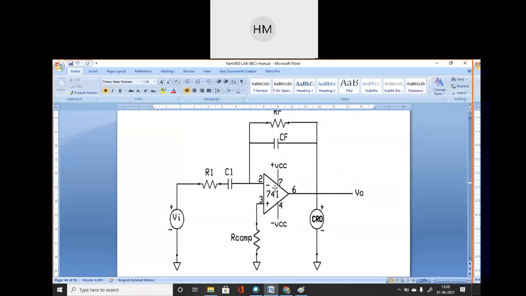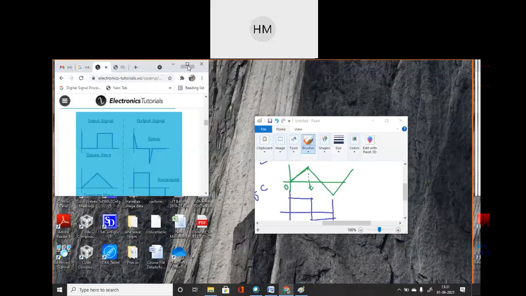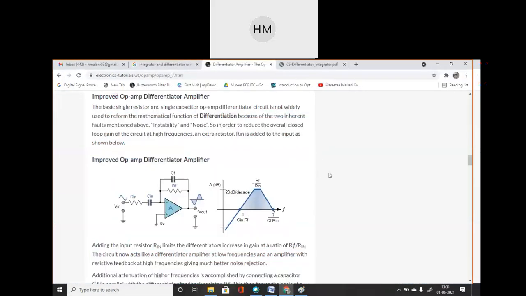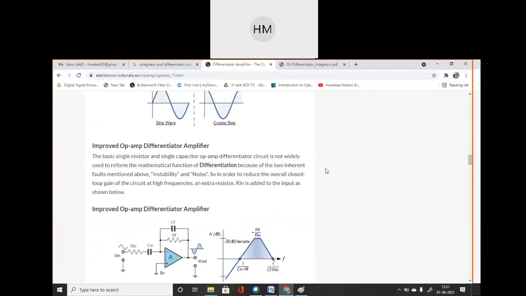Okay? Now we will move towards the practical differentiator circuit. Why are we switching towards the practical differentiator circuit, student? Because here we are facing some problems like instability. You can see there are two important points over here.